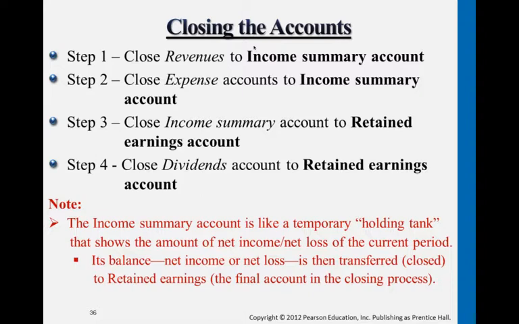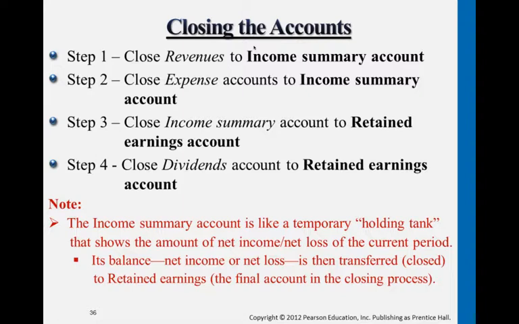So for the most part, you will see a certain value on the right side of the revenues after a month or a quarter of business activities. What you do here is debit the exact amount you see here and transfer that amount to income summary, exactly the same, for the purpose of making this account zero. So that's the first step.